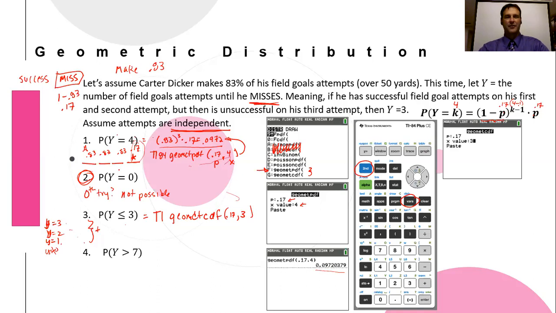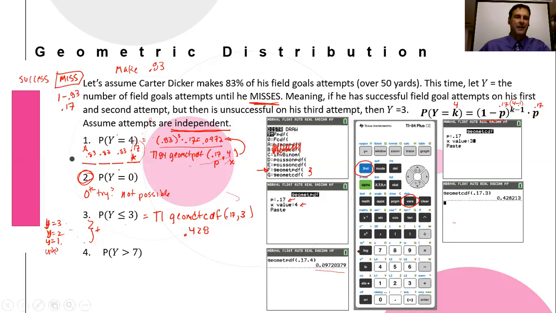So geometric CDF with 0.17, and in this case we have a 3, and you end up with 0.428. And you'll notice that if I kept going one more step, you'll get that 0.428. That's what the screen shows on your home screen.